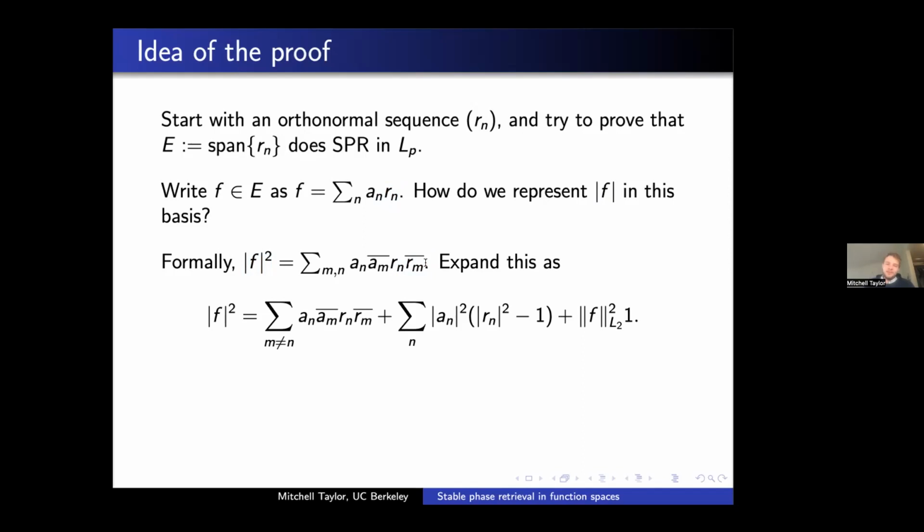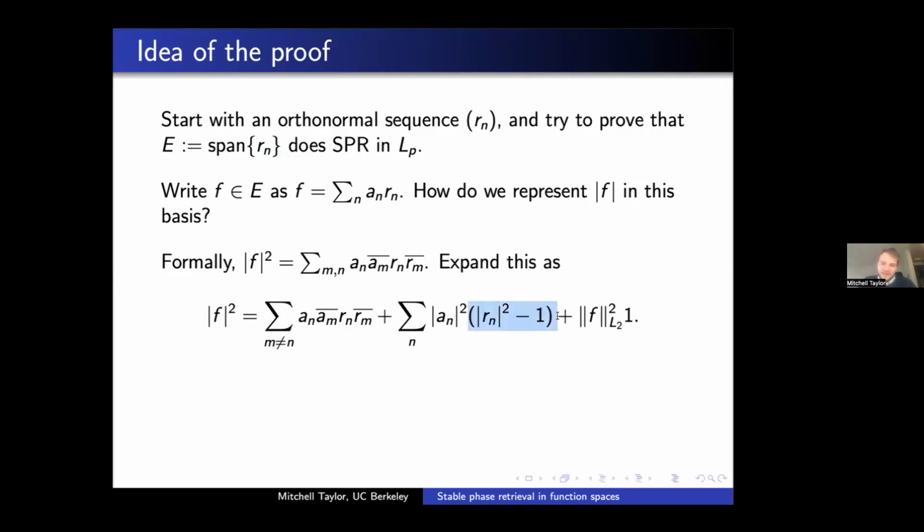And my biggest enemy in phase retrieval, as you saw from the last slide, is when things have constant moduli. So let's say I normalize f to have norm 1, and the r_n's are orthonormal. So if the function is going to have constant moduli, it'll be modulus 1, say.